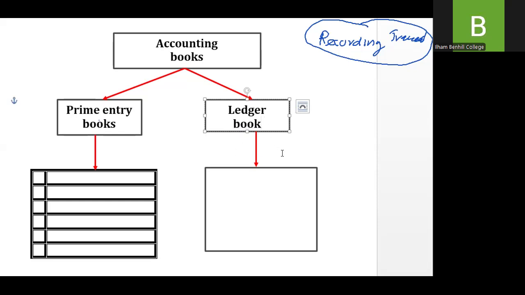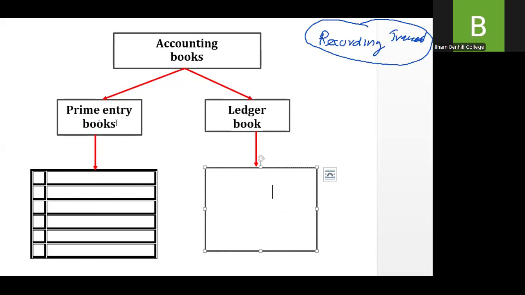So when it comes to prime entry books, you may notice there are 6 prime entry books because there are 6 rows in this table here. But when it comes to ledger book, there is only one book. That is one of the differences between prime entry books and ledger book.